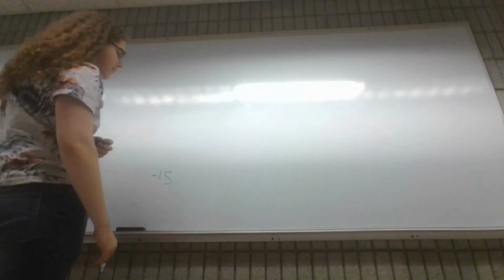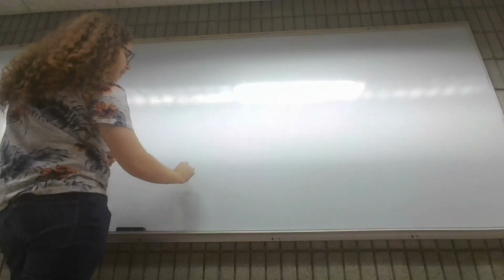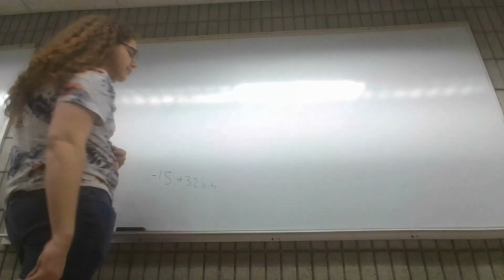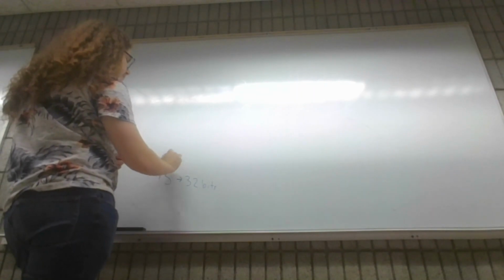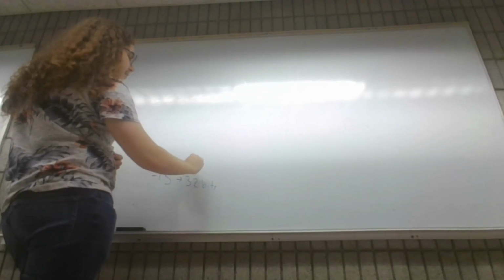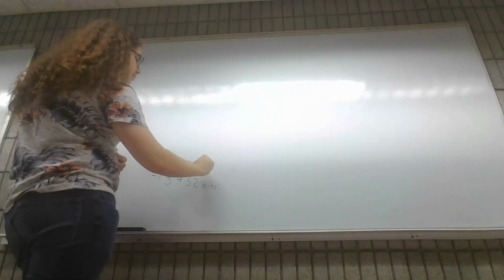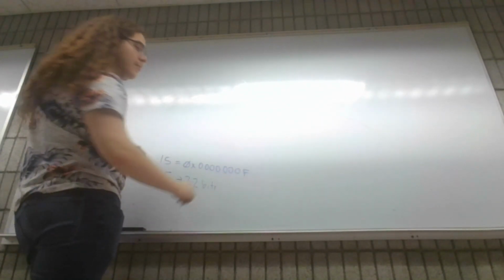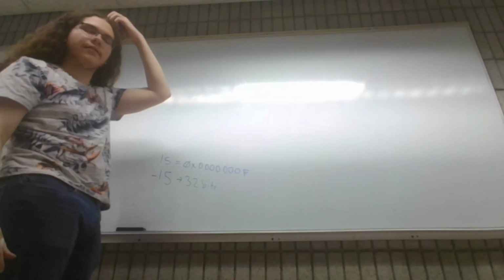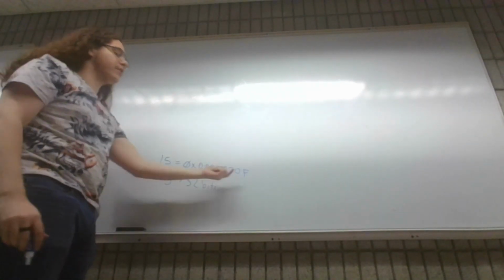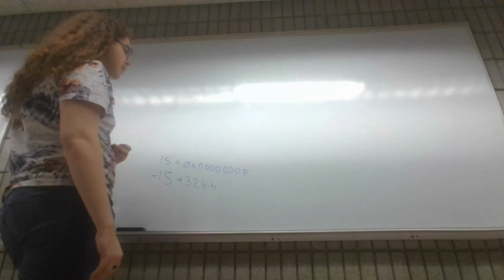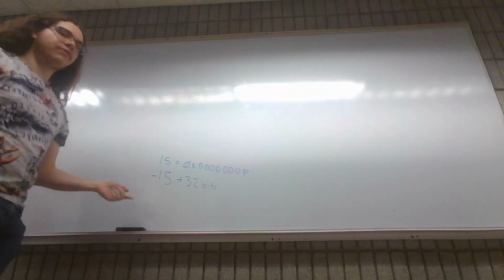Thank you. Okay, cool. So -15 we want to write in 32 bits. So what we do is we first find 15. 15 is going to be hex 0, 0, 0, 0, 0, 0, 0, F, because remember, F means 15 in hexadecimal. And because it's a positive number, we have a bunch of zeros up here. Now the next thing we do is we negate this.